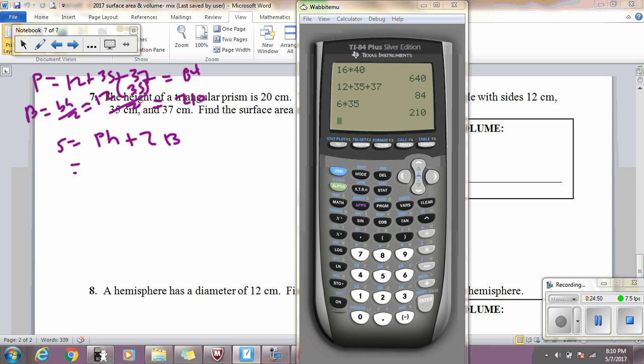So now let's put them in their place. 84, and the height of the prism was 20, plus 2 times 210.